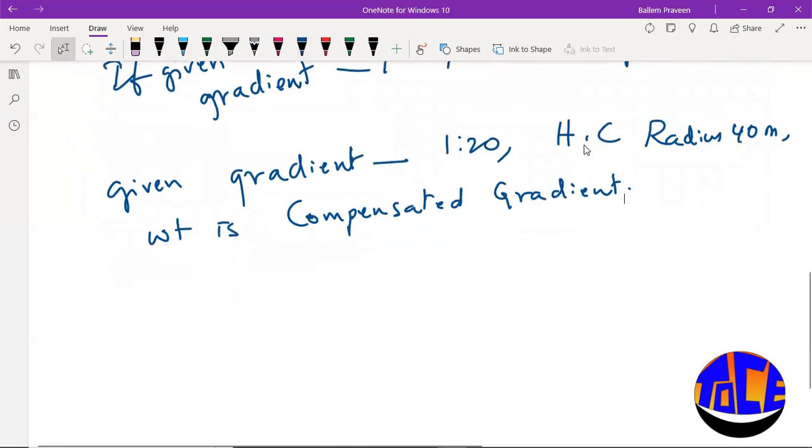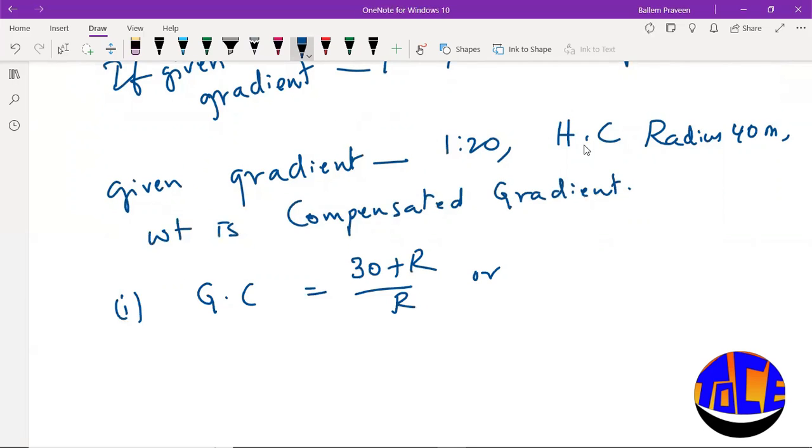Firstly, you have to find out the grade compensation. It can be found using both formulas, (30 + R) / R or 75 / R. So 30 plus 40, divided by 40, is equal to 1.75%.